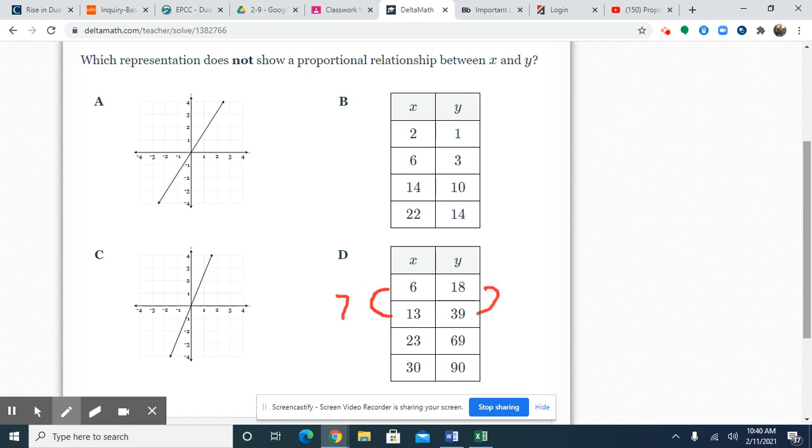And from 18 to 39, there's a difference there of 21. So that means that 21 divided by 7 gives us our slope of 3.